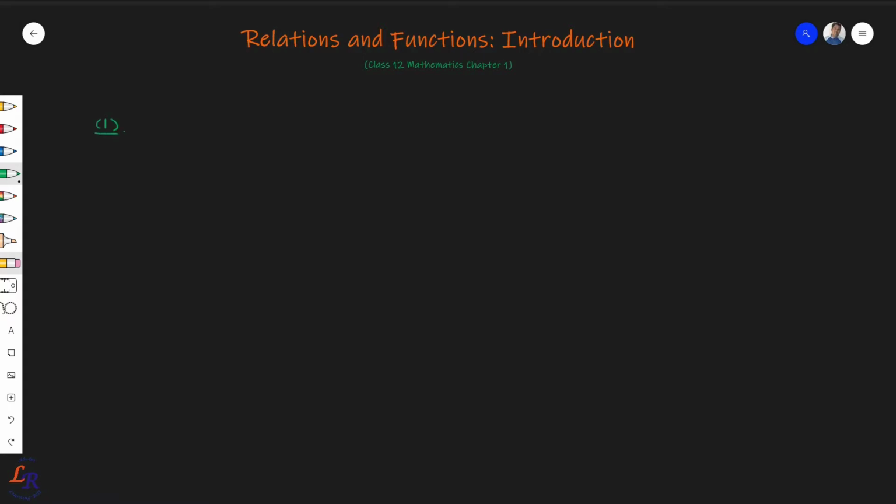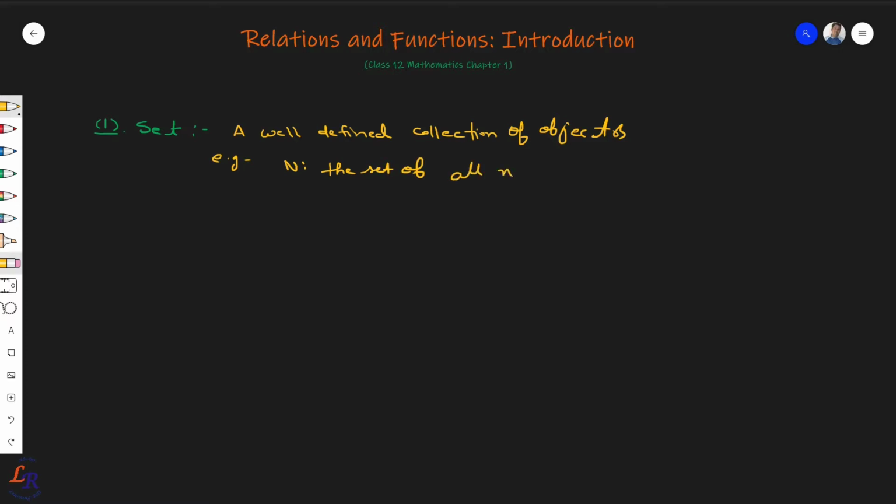The first is set. So what is a set? It's a well-defined collection of objects. For example, you can say N, the set of all natural numbers, or R, the set of all real numbers.